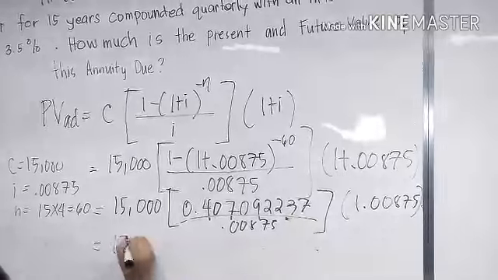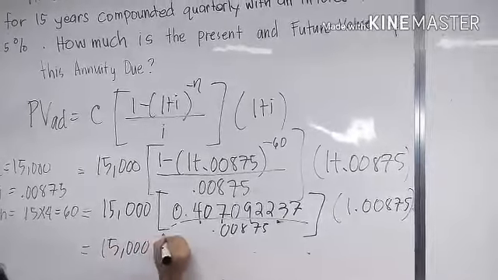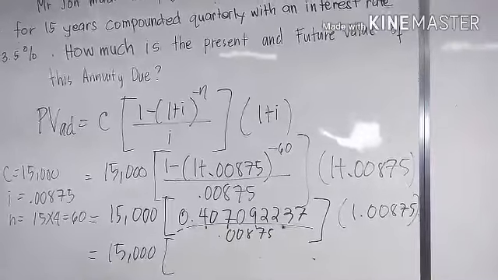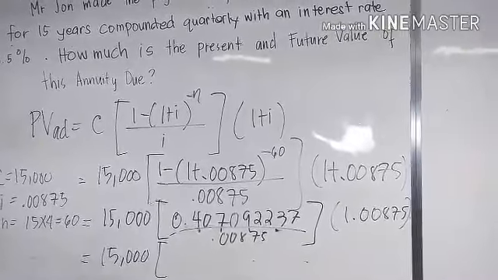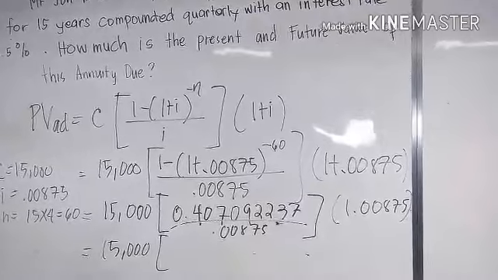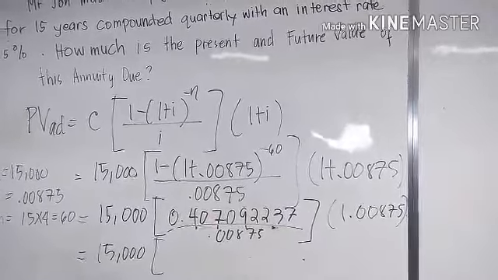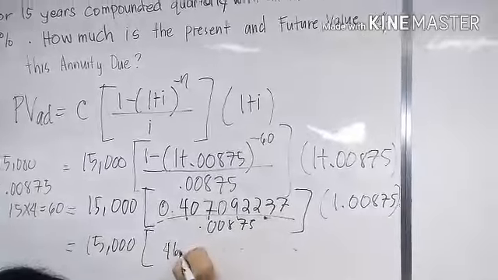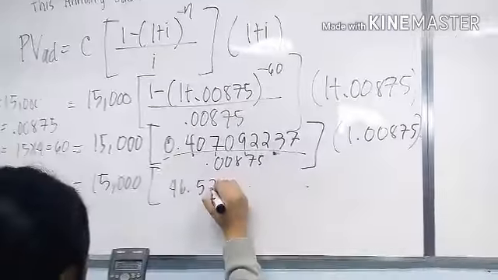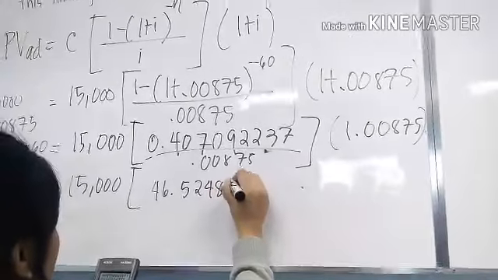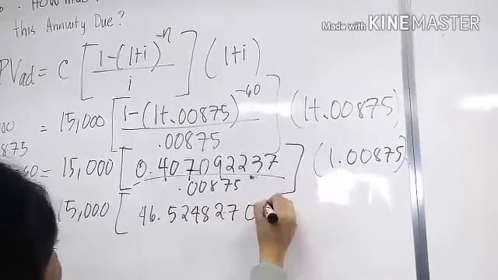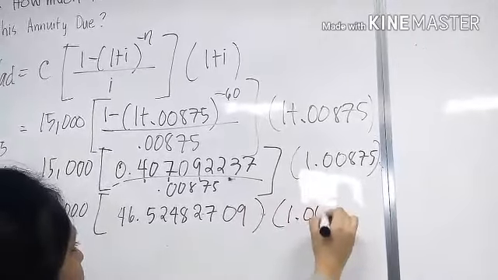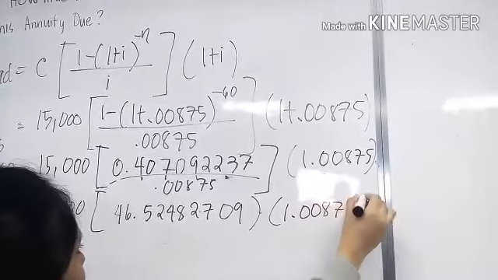And copy the 15,000. Then divide 0.4070922237 by 0.00875. So we have 46.524827709, times, again, 1.00875.